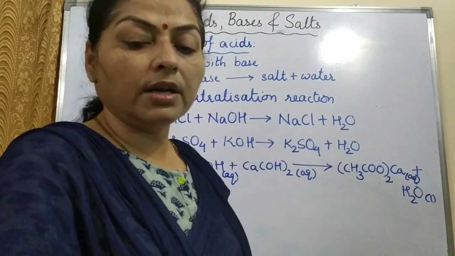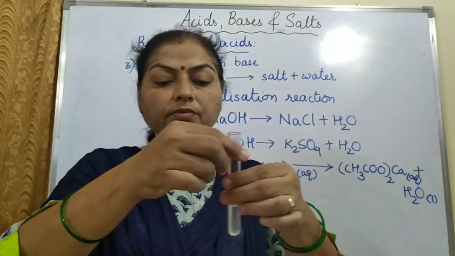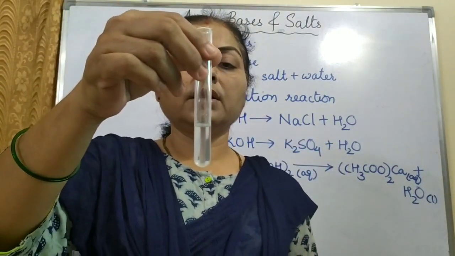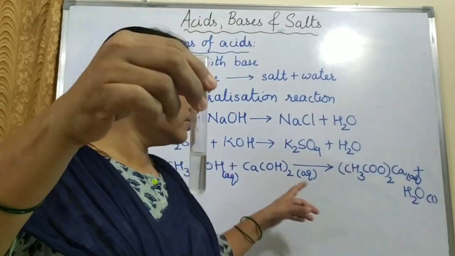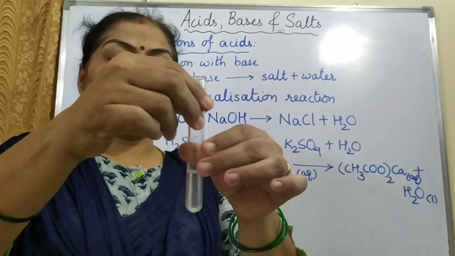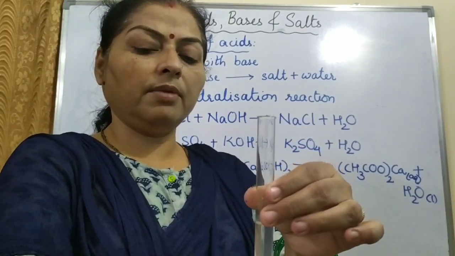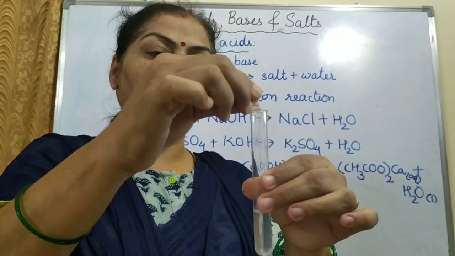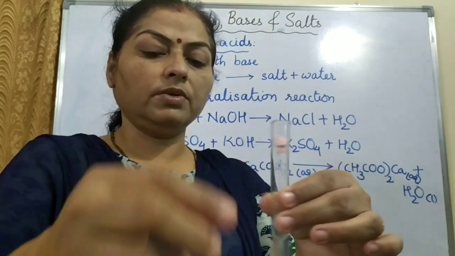So children, here I have with me slaked lime, and slaked lime solution means lime water, calcium hydroxide, and I'll put some red litmus paper. These are red litmus papers. I'll put them into the test tube.